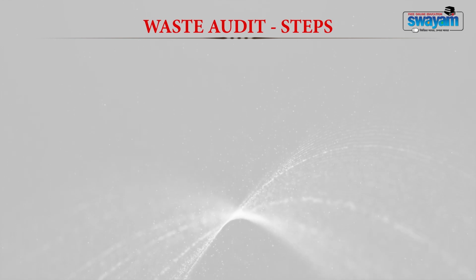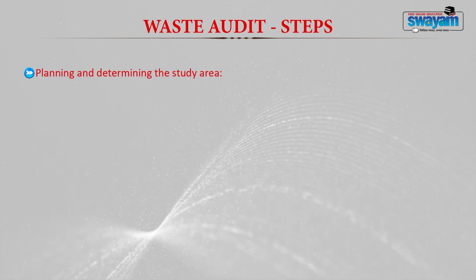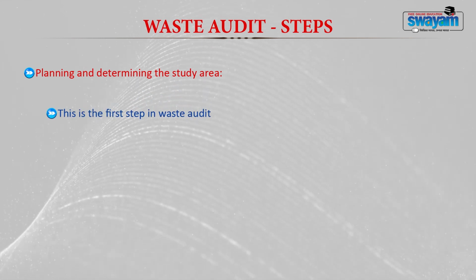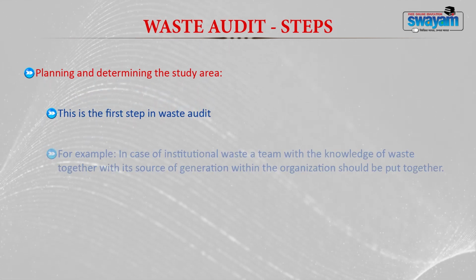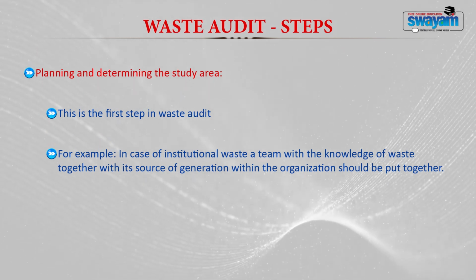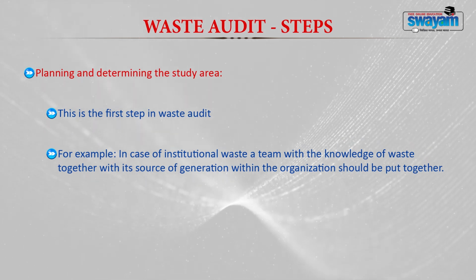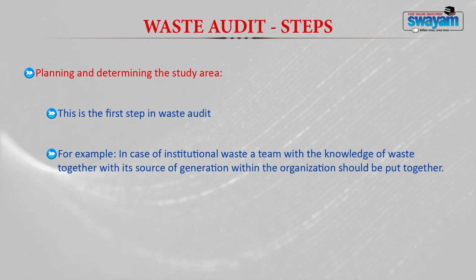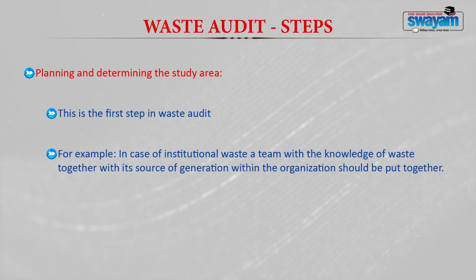The first step is planning and determining the study area. This is the first step in any waste audit. For example, in case of institutional waste, a team with knowledge of waste together with its source of generation within the organization should be put together.